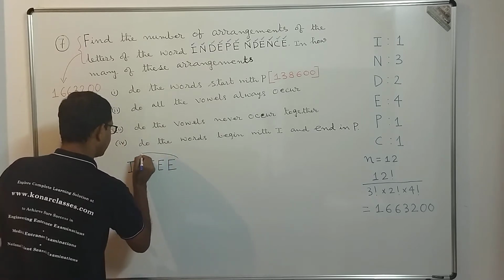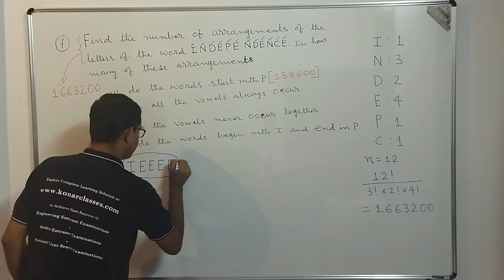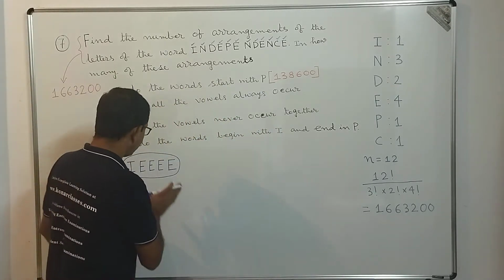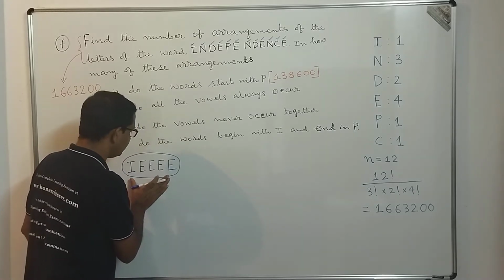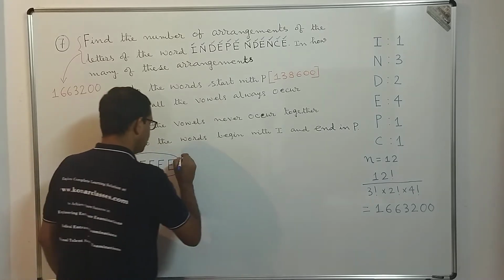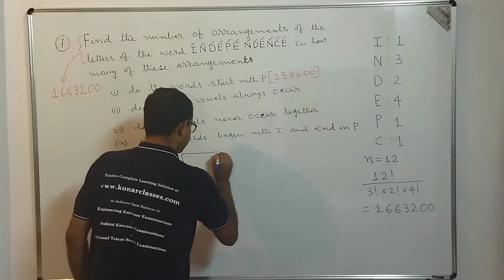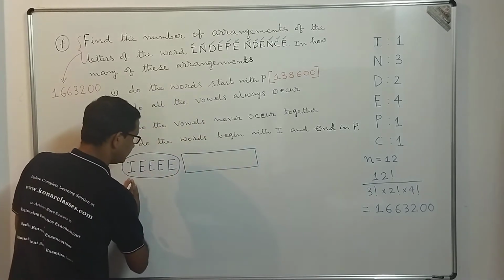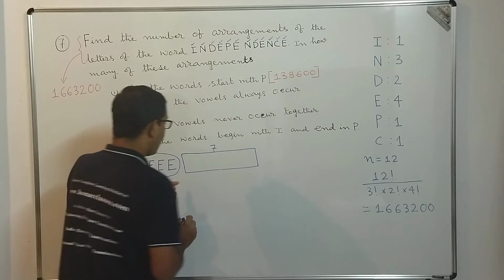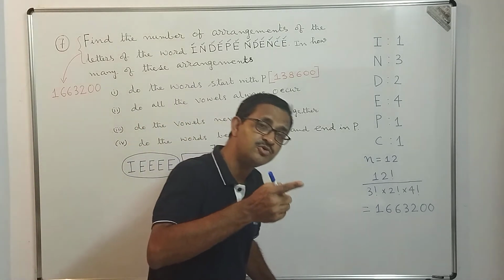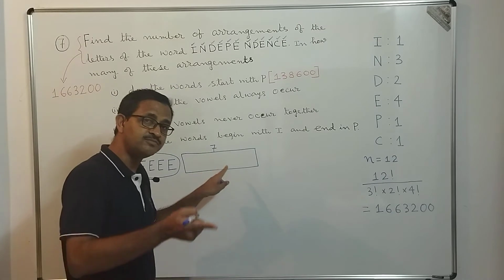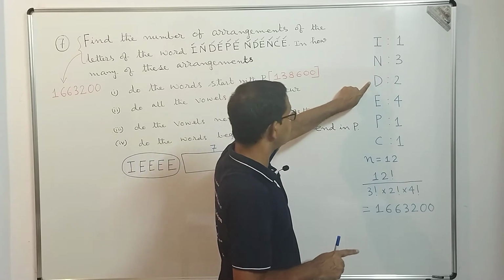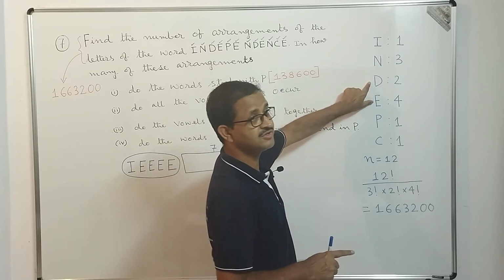So now, according to the question, all these vowels have to occur together. That means we can club them together and make a single object. Once we make all these 5 letters a single object, what are the other letters remaining, dear students? The other letters remaining are 7, because there are 12 letters and 5 are already taken. So here there are 7 letters, that means in terms of permutation, there are 7 objects. Out of these, there are 3 objects of one type, that is N, and 2 objects of another type, that is D, but we should not consider E, as it is already considered.